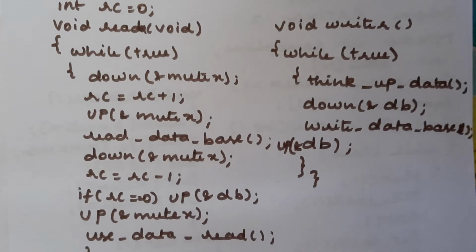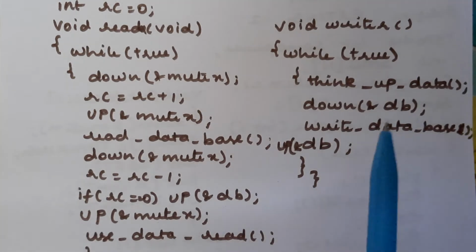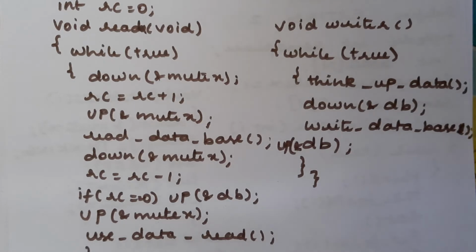Whatever common data he accessed, he should release it, so he can allow any other process to perform either read or write operation. But at the time of writing by this particular process, no other process will enter into the critical region, which means they cannot perform even the read operation. Not only the write operation, even the read operation also they cannot perform. So this is the solution in which we can allow the reader to perform it.